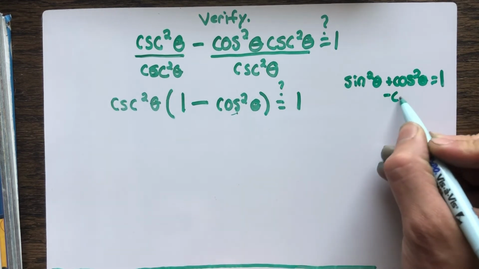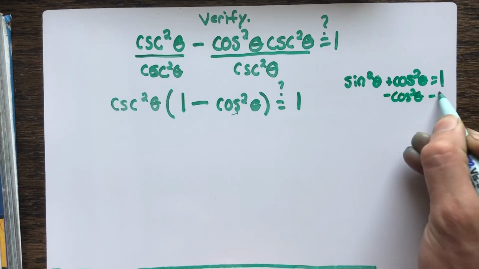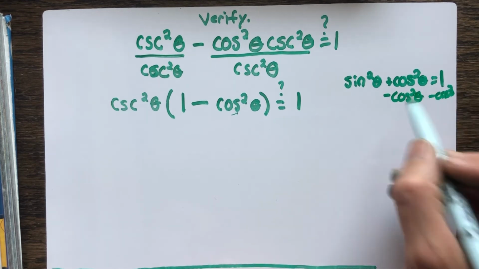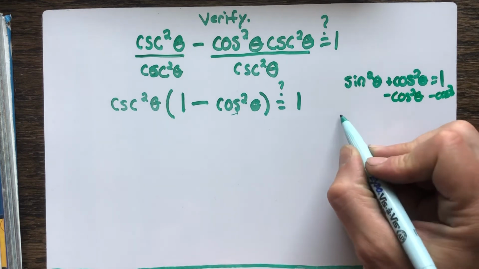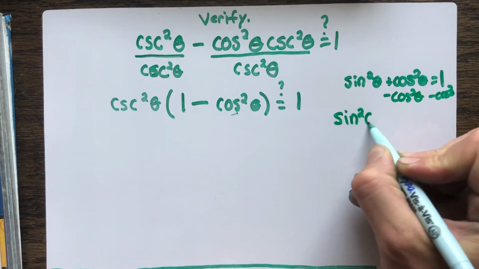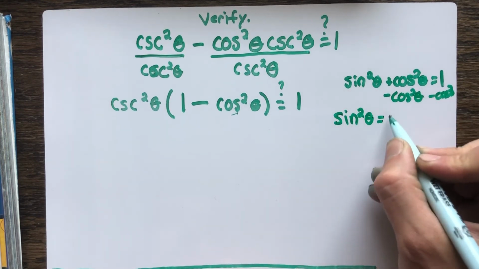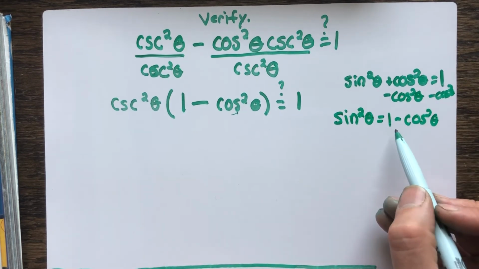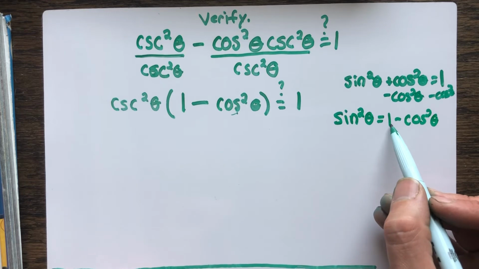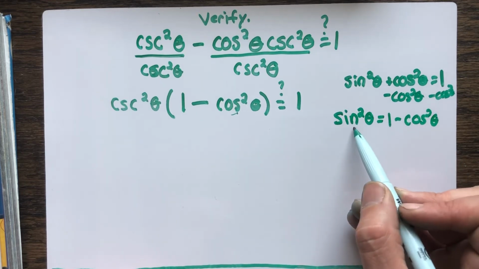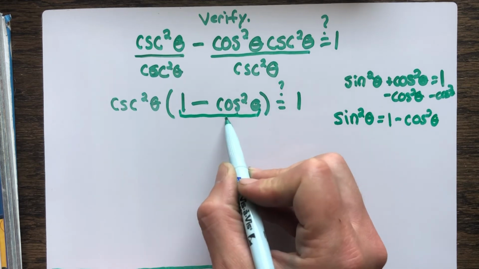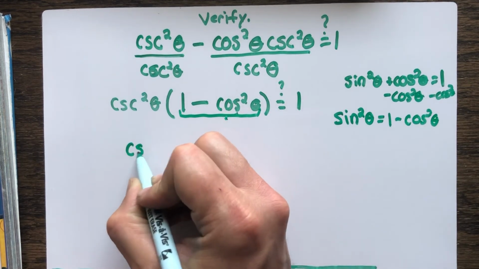To do that, we're just going to subtract to the other side. Now, I can do that in this case because it is an identity. I know it's true, so I can move things from one side to the other. So now that I have that, it shows me that 1 minus cosine squared theta is sine squared. So I can replace all of this 1 minus cosine squared with sine squared.